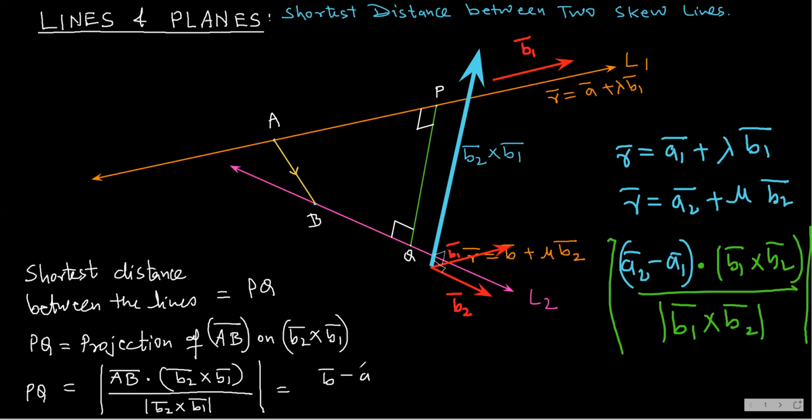You will write B bar minus A bar dot B2 bar cross B1 bar upon mod of B2 bar cross B1 bar. Okay. Now you can copy this diagram and do this.